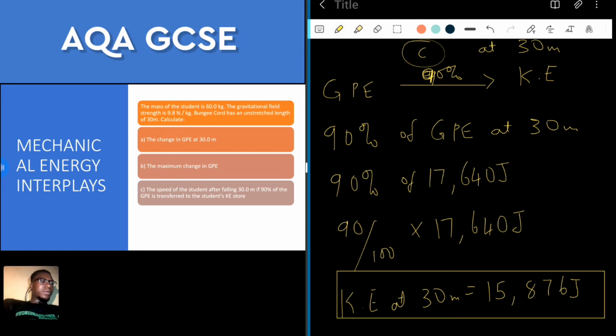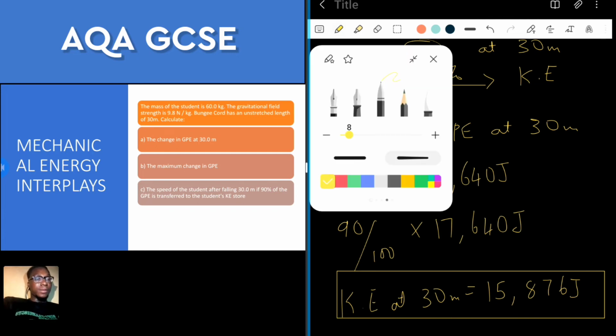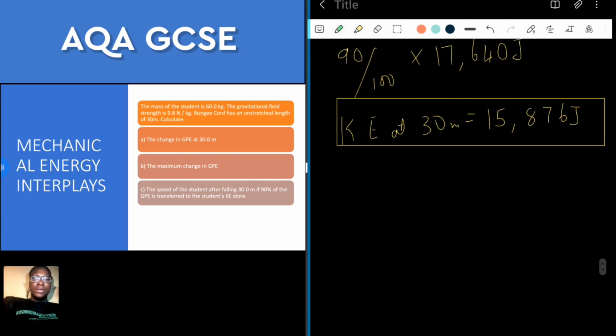So now on the flip side, this is just the first part of question C. The second part of question C is now saying that we should calculate the speed at this point. You've got the speed as the velocity. So what's the equation for kinetic energy in this case? That's kinetic energy equals half mv squared.